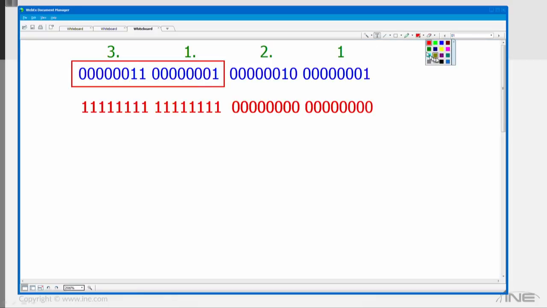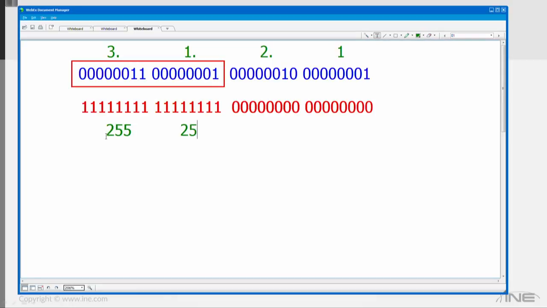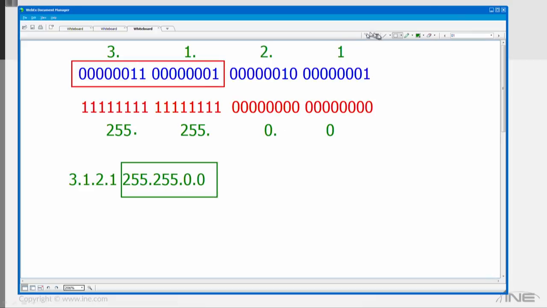So the way that we would actually represent this here would be 255.0.0.0. Got to remember my dot right here. So we would say 3.1.2.1, 255.255.0.0. We'd line it up this way. And this portion right here is the subnet mask, and that's telling us that the first 16 bits of this address belong to the network.